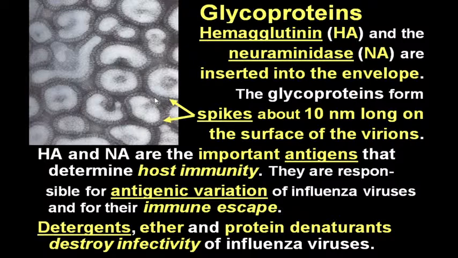First, they are important antigens that determine the host immunity, and the antibodies against hemagglutinin protect us against infection. And these glycoproteins usually undergo antigenic variations and participate in influenza virus immune escape.